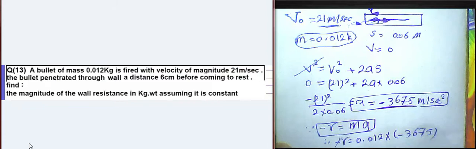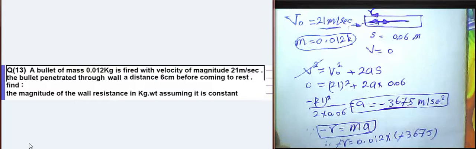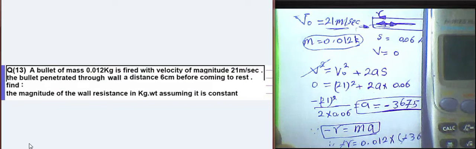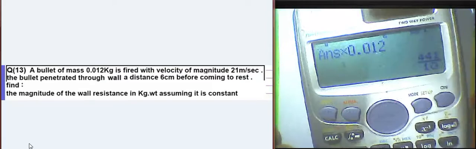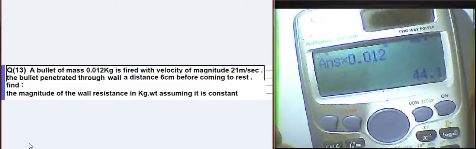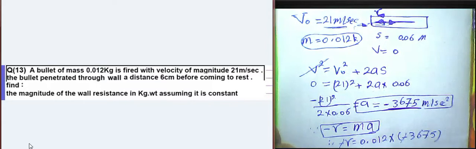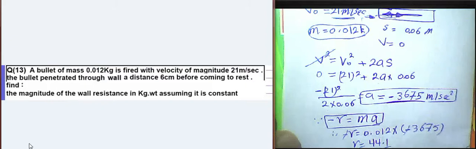We can cancel negative with negative here, then r will be the result by using a calculator: 0.012 multiplied by 3675 equals 44.1. Then the magnitude is 44.1 Newton.